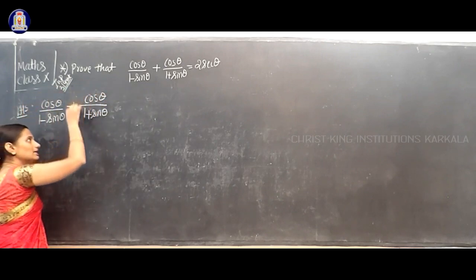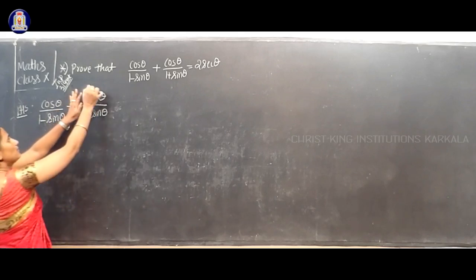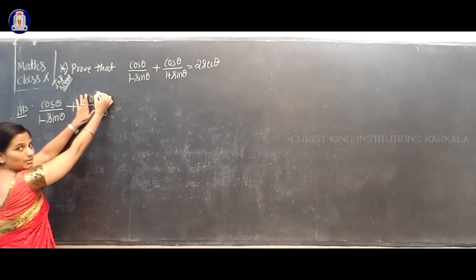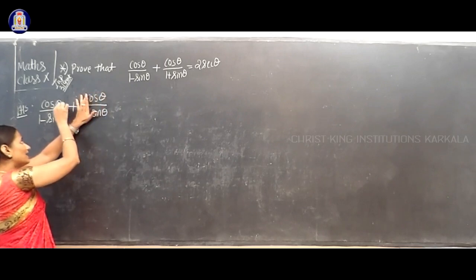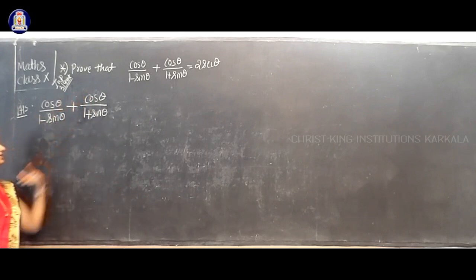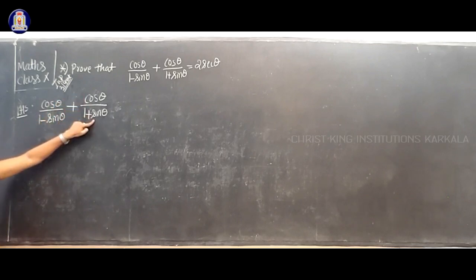Also for the second fraction, right? If it is single like this, suppose assume that this is not there, how to simplify cos theta divided by (1 minus sin theta)? It is by rationalizing. But here it is numerator divided by denominator plus again numerator divided by denominator.